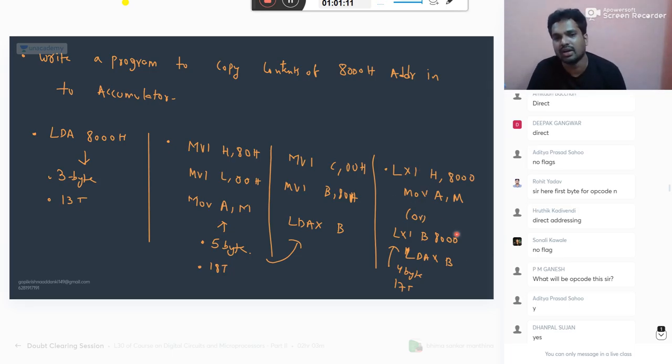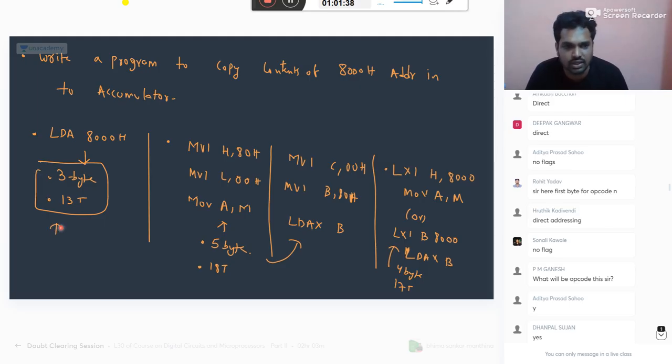So now, as an efficient programmer, when you are having a choice, when you're writing the program, there are different ways which can perform your program. But as an efficient programmer, you always try to save memory and also save time. So choose the best one.